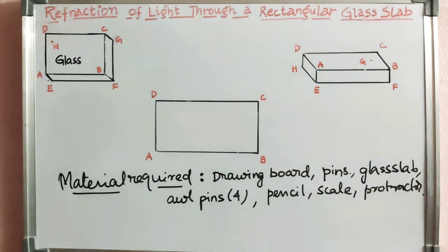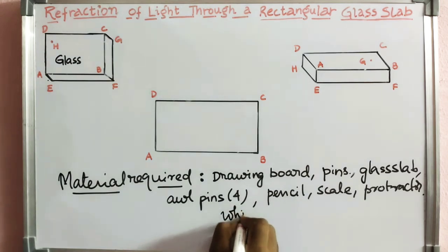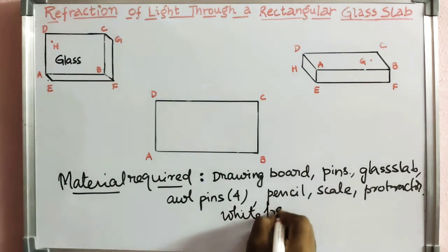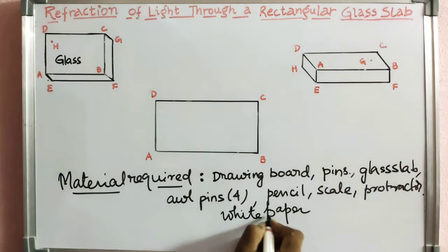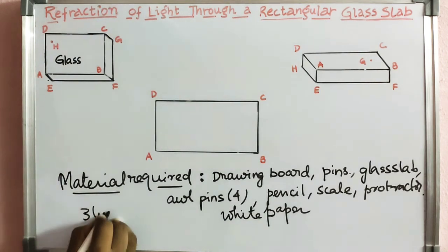Let me tell you the functions of these things. Most important thing we forgot is the white sheet of paper. It is better if you take A3 or A4, because this experiment has to be repeated at least 3 times.